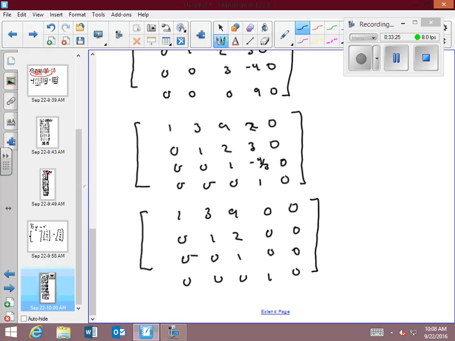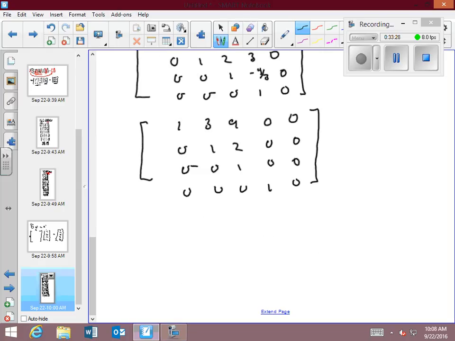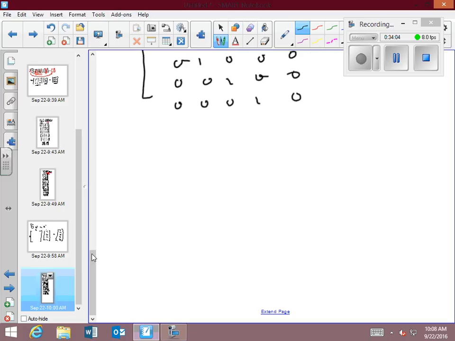I guess I wasn't agonizing over 4 thirds and it went away anyway. I'm working on the third column. So essentially, all of these numbers go away, right? 0, 1, 0, 0, 0, 1. That's a good deal.